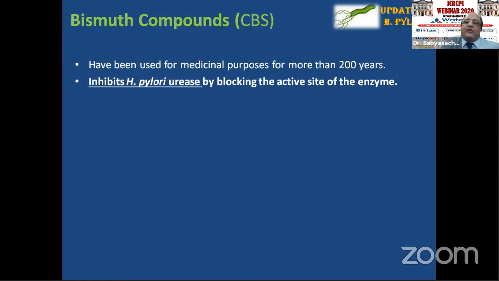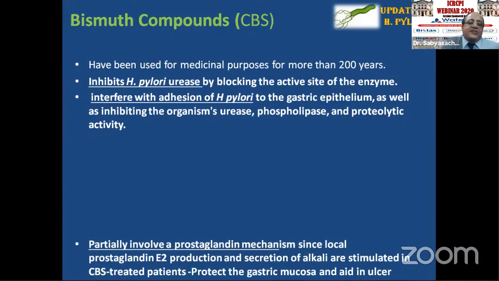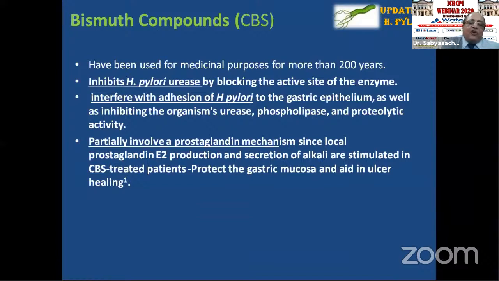In the West, a solution called bismopeptide is available in solution form, but here we have tablets. It inhibits H. pylori urease by blocking the active sites, also interferes with the adhesion of H. pylori, and therefore prevents its action, and partially involves the prostaglandin mechanism, thereby acting as a cytoprotective agent.